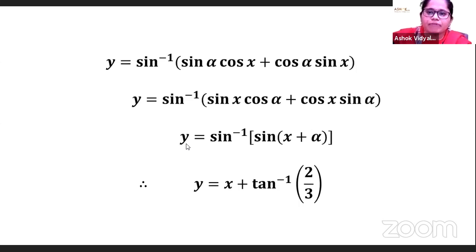Therefore, function y is sin⁻¹(sin(x + α)), and here x + α is in the principal domain of the sine function. Hence, we write y = x + tan⁻¹(2/3), taking the value of α as tan⁻¹(2/3).